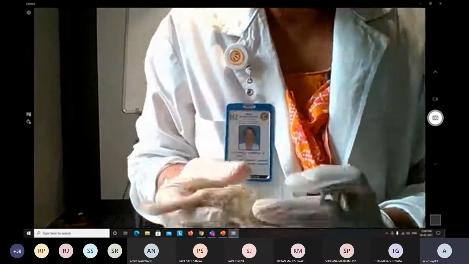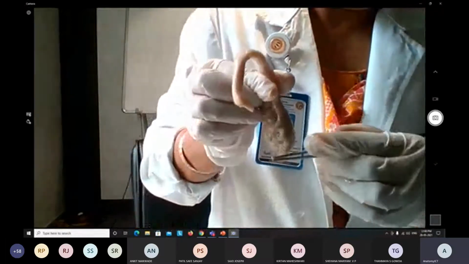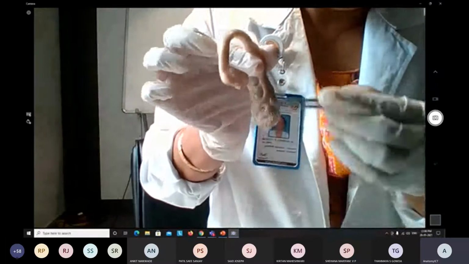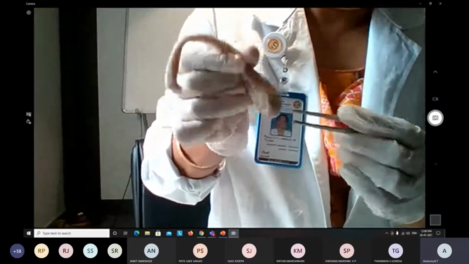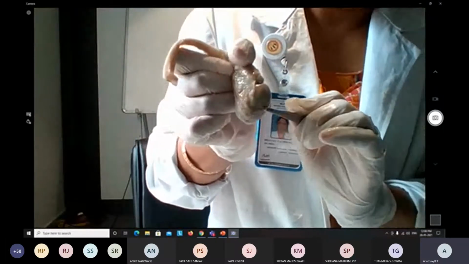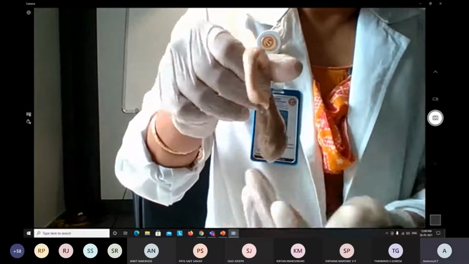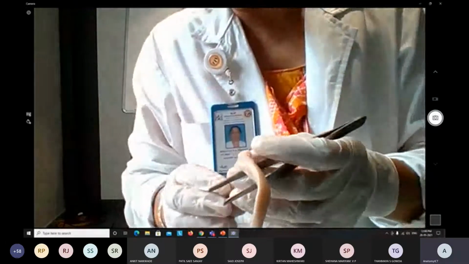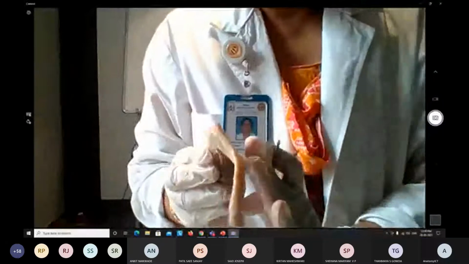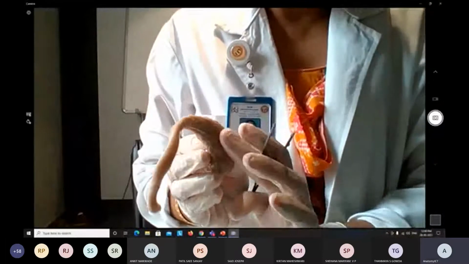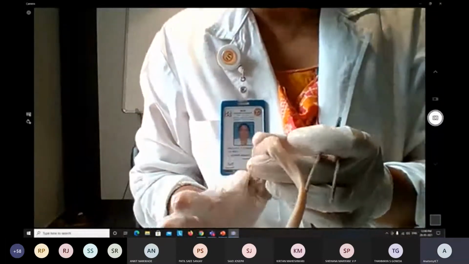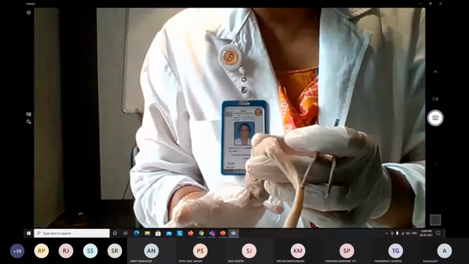Then there will be an anterior border here. This is the anterior border. Then a posterior border, then a medial surface and a lateral surface.